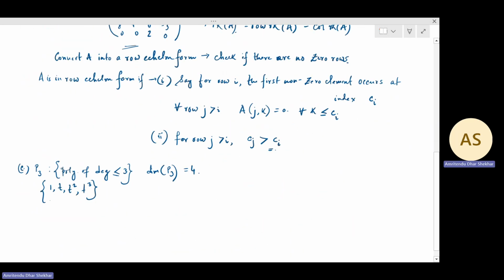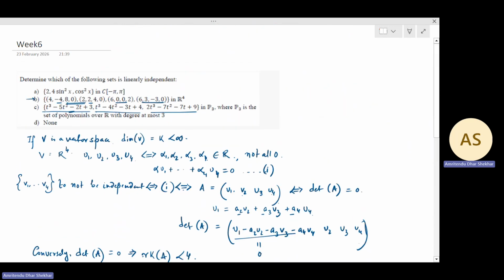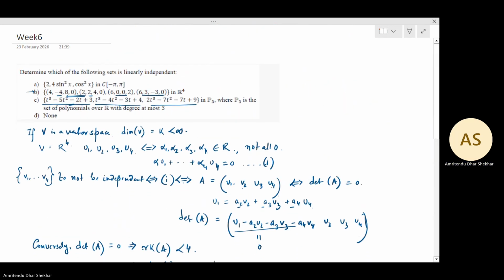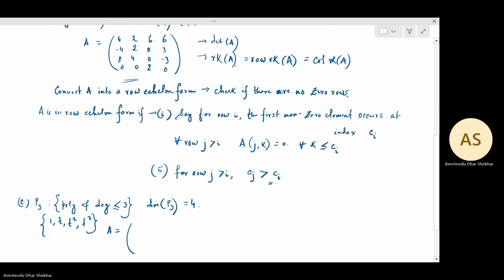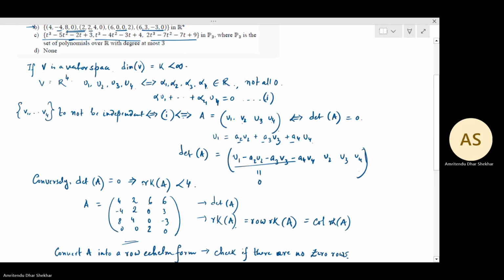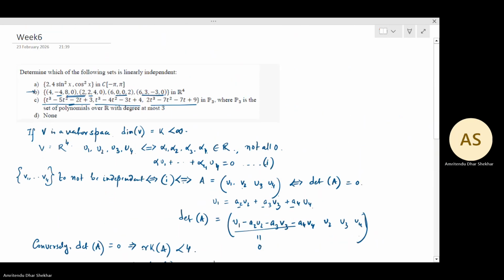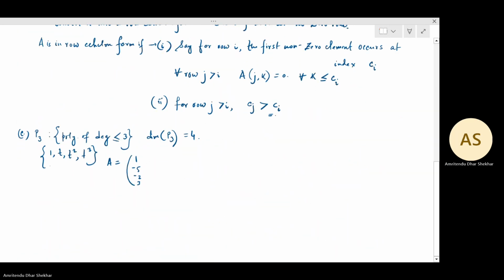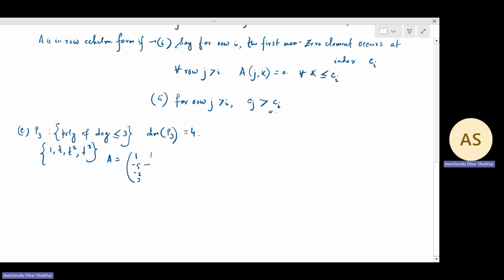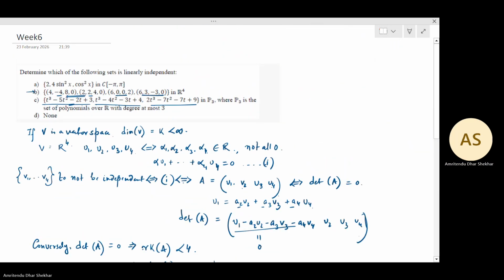You can construct this matrix A, where A is basically equal to 1 minus 5 minus 2, 3; 1 minus 4 minus 3, 4; 2 minus 7 minus 7, 9.